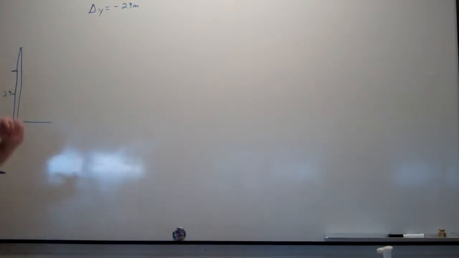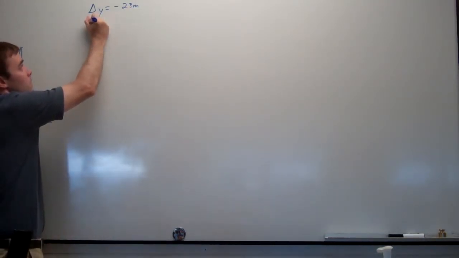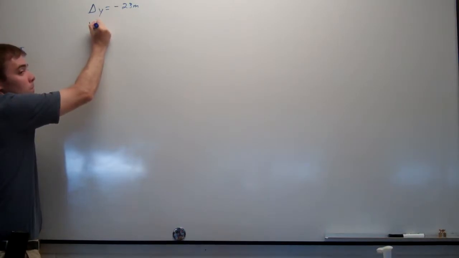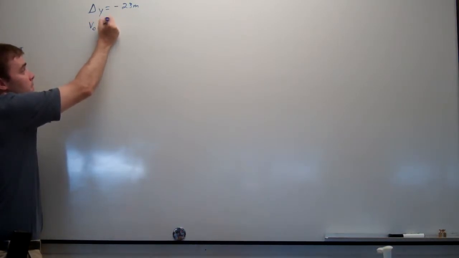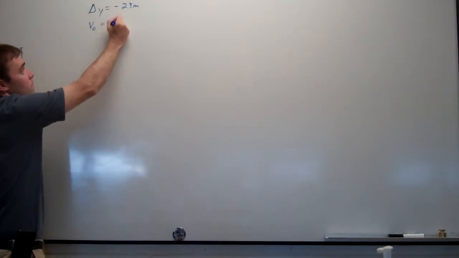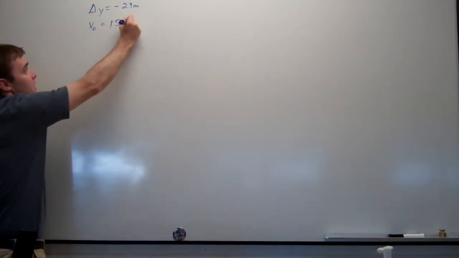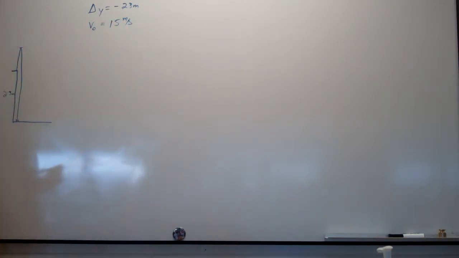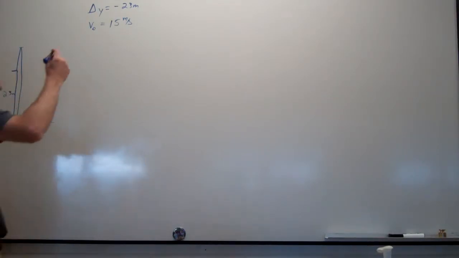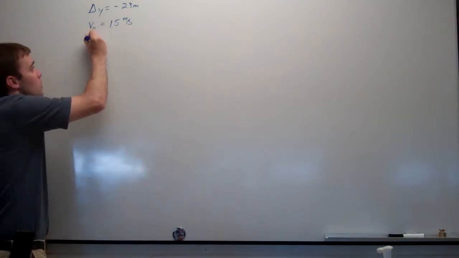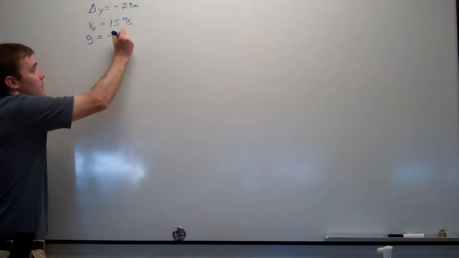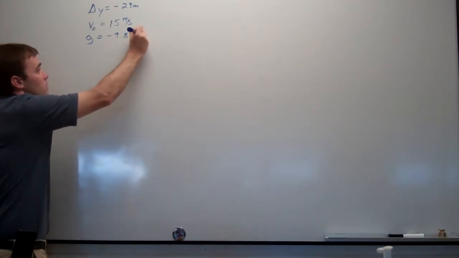Alright. What else do we know? What's our initial velocity? 15 meters per second. Is that up or down? Up, so it's positive. Does that make sense to everybody? And what's gravity? Negative 9.8 meters per second squared.